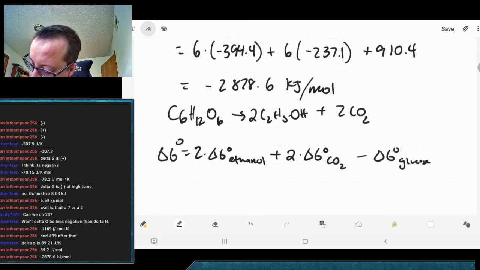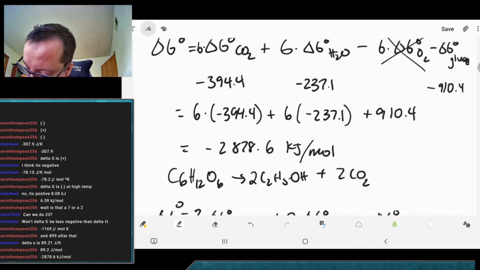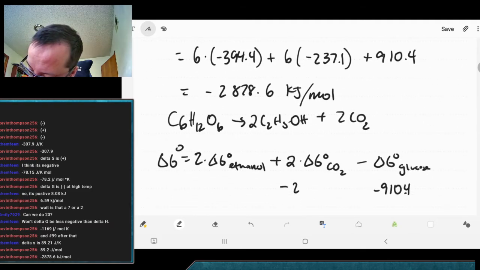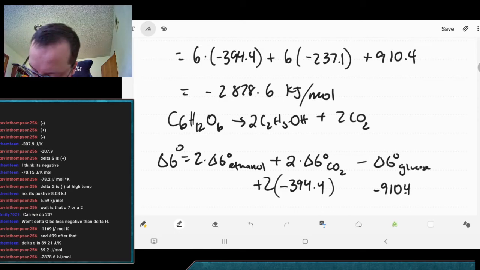Thankfully, we already have these here, so glucose was negative 910.4. CO2 was negative 394. And then the ethanol here is negative 174.8.